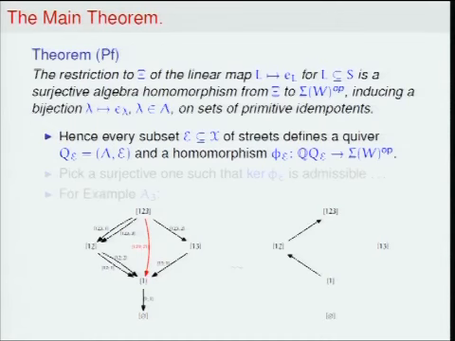And the question of finding an actual quiver presentation for a given Coxeter group W under these circumstances then reduces to the task of picking a suitable one.